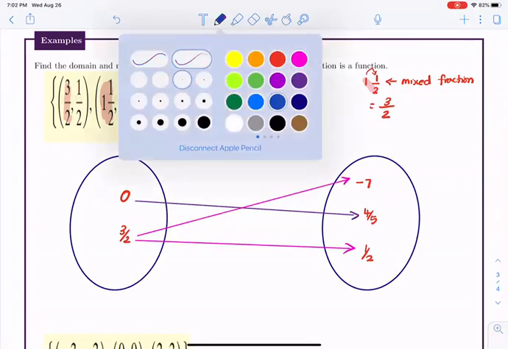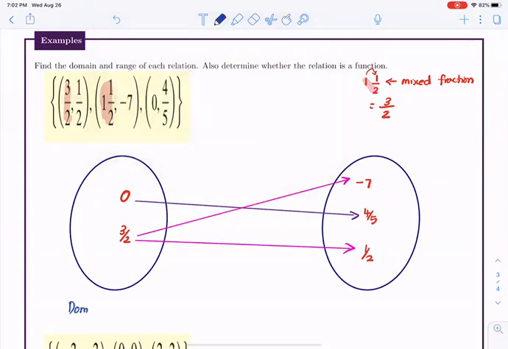So the domain is 0 and 3/2. The range is -7, 4/5, and 1/2. So 3/2 is branching towards two different y values, -7 and 1/2. So this is not a function.